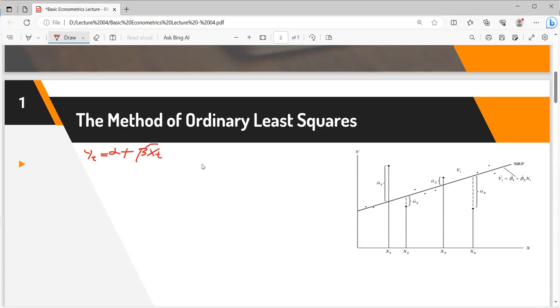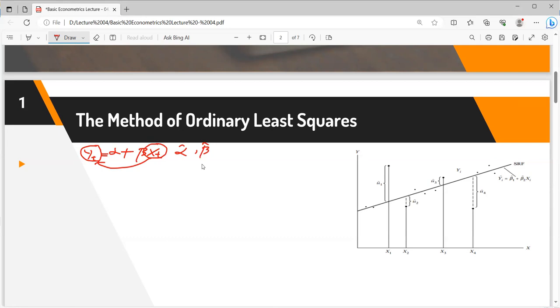So you have to focus on the relationship between the two variables. If x increases or decreases, what will be the impact on y? This is basically a regression. In this lecture, we have to calculate the values of alpha and beta, that are estimated values, alpha hat or alpha cap and beta hat.